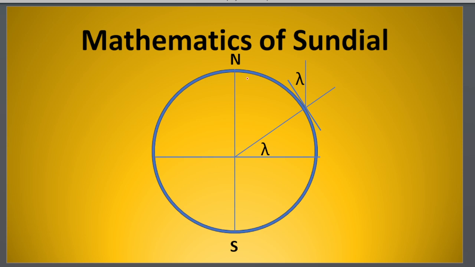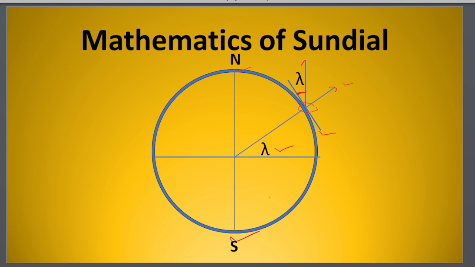Now, suppose you live in a different position, not at the South Pole or North Pole. Say you are here and the latitude of this position is lambda. Then this is your horizontal, this is the vertical, and this point is called the zenith. Now you need to find the axis which is parallel to the North Pole. You can easily find it once you know the latitude of this place.